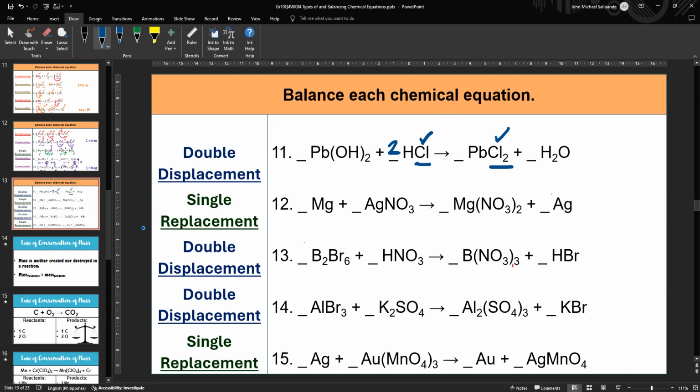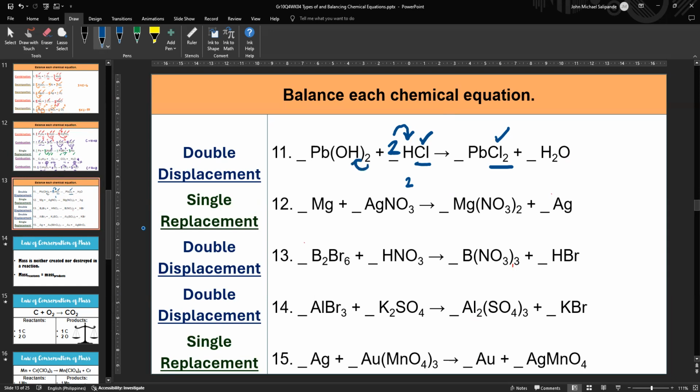Now, as a consequence of writing 2 as a coefficient of HCl, there are now 2 times 1 hydrogen atom here. And notice that the PbOH2, so how do we count the number of elements inside the parentheses? So you just distribute this subscript here to the number of hydrogen atoms inside.